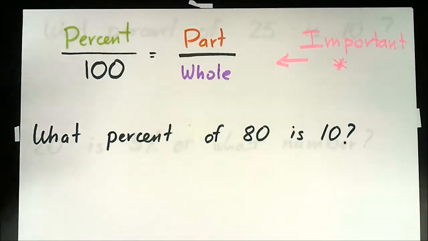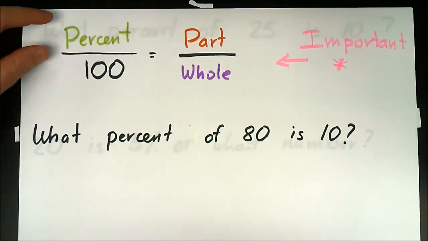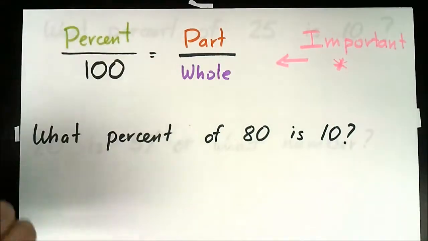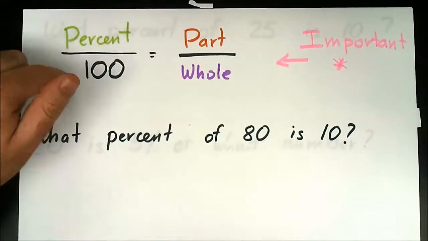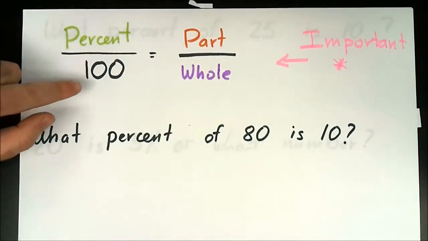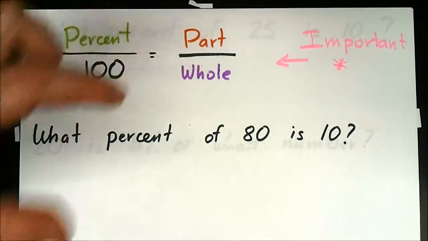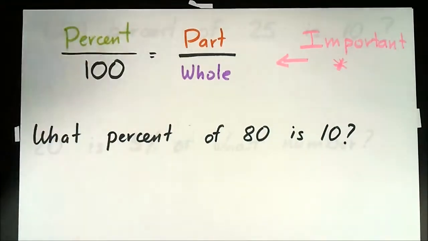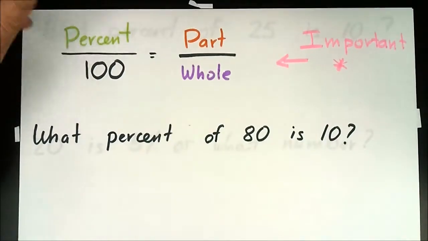The proportion said if you take a certain percentage of 100, it's the same as taking a part of a whole. And it makes sense. 100% is the whole thing. So a percent of that 100 is equivalent to a part of the whole. So let's say if you take half of the whole, there should be a percentage that corresponds to that.